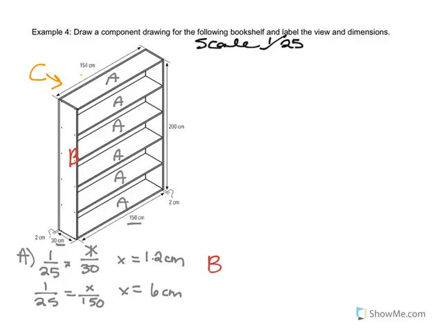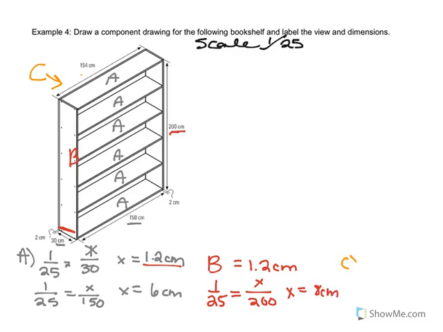For B, our dimensions are 30 centimeters and 200 centimeters. So we already did 30 centimeters, so we know it's going to be 1.2 centimeters because we got that there. And then we got 1 over 25 is x over 200. So our new width is going to be 8 centimeters.